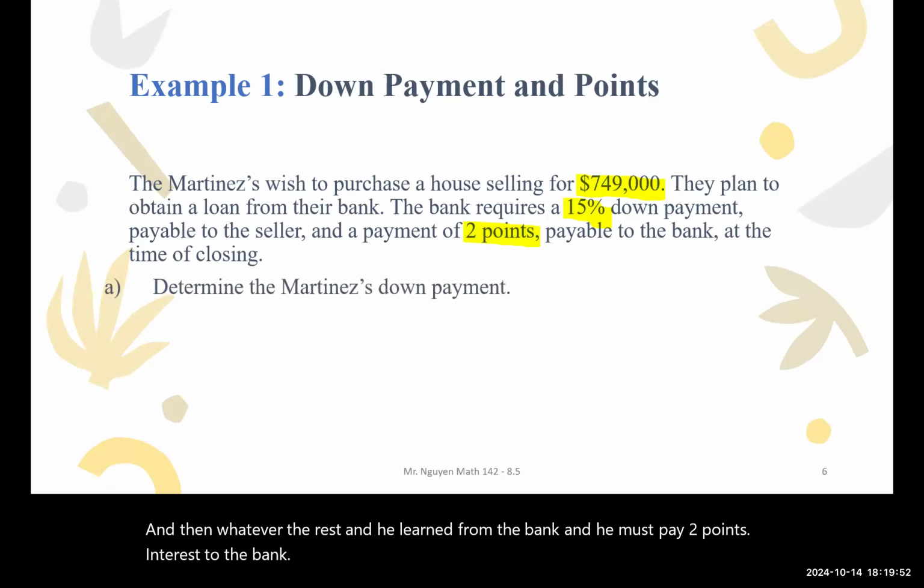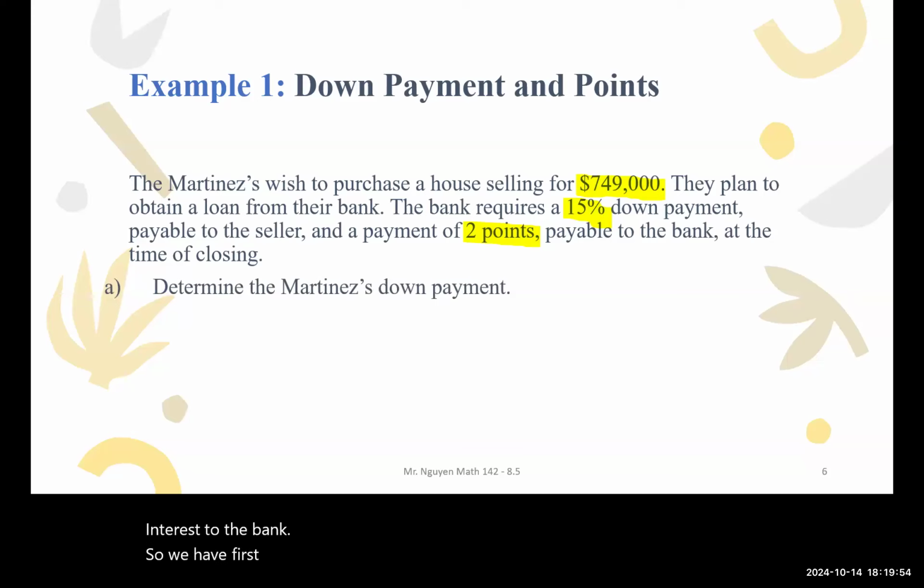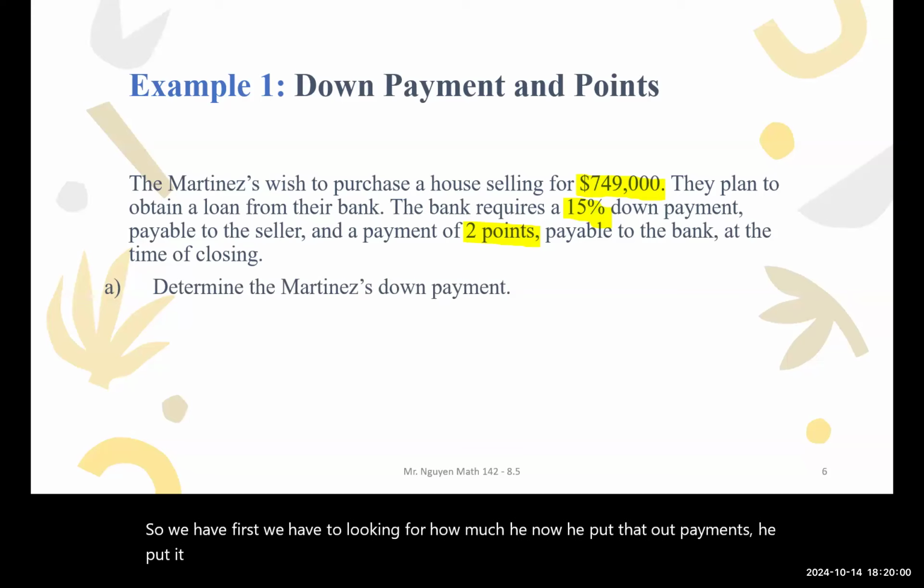So first we have to look for how much he puts as the down payment. 749,000 multiplied by 15%, which means 0.15.